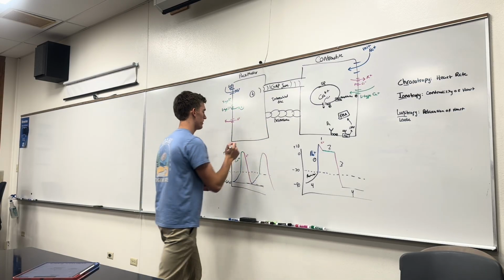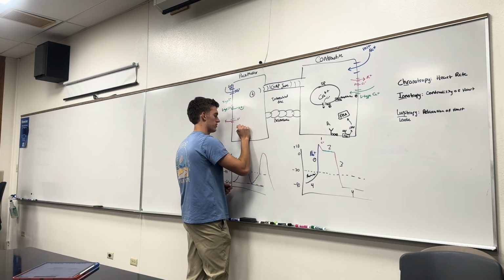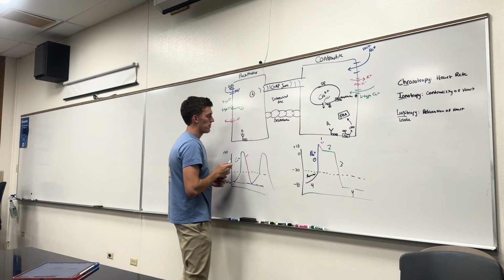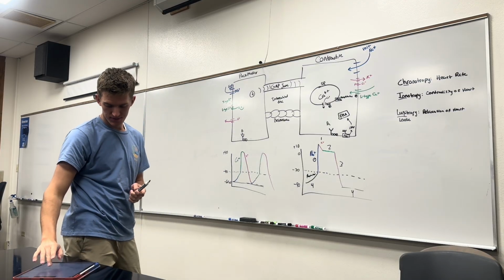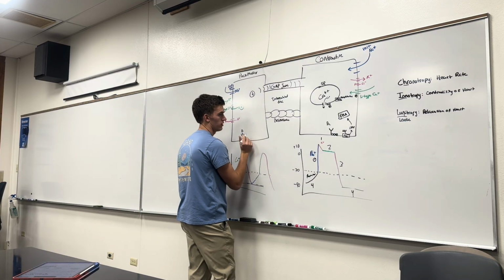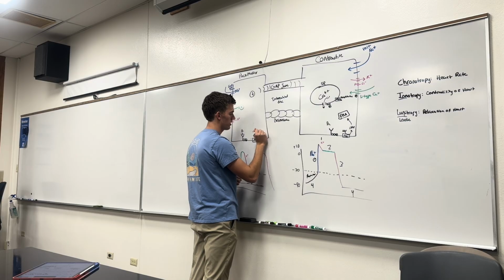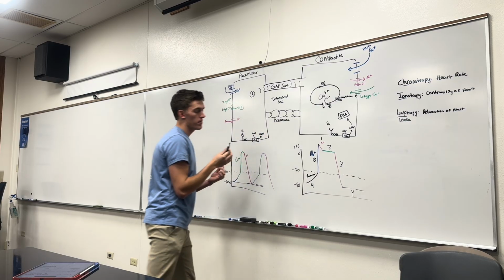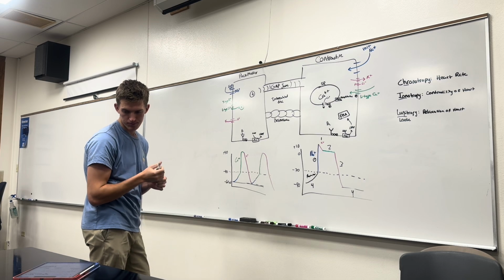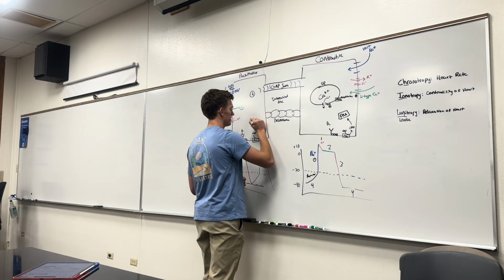How it works in a pacemaker cell is, likewise, we have a beta receptor and a G protein. That'll go in here. Then what happens is, essentially, same thing. We get more cyclic AMP, which turns on PKA, same thing.